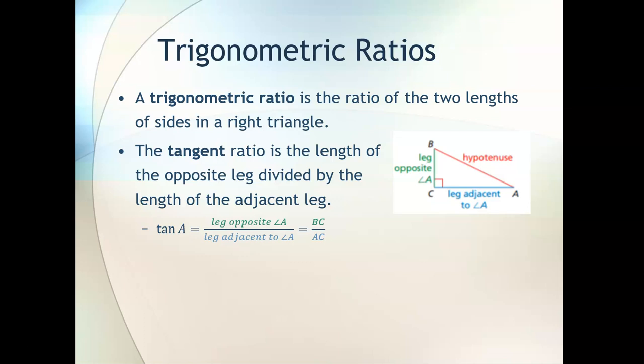So if I'm looking at the angle A, so I am looking at this angle right here as my reference angle. So it's always the one opposite over the one adjacent. Okay?